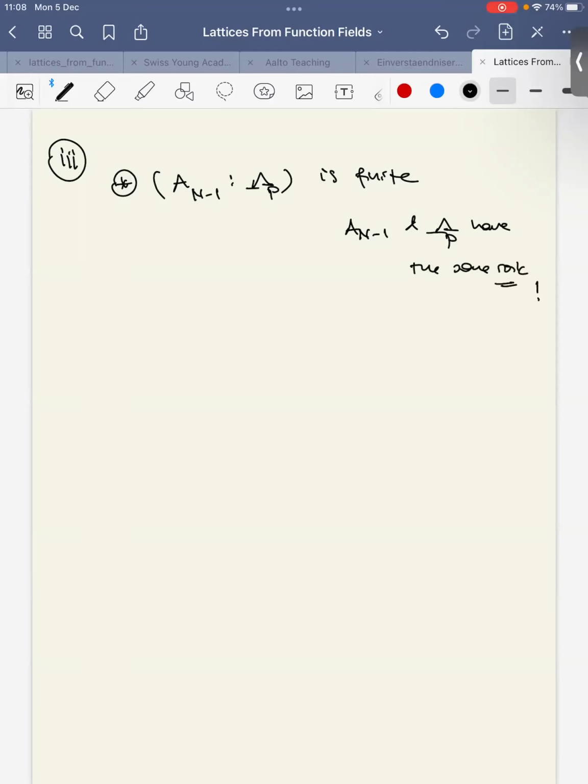And now we will define two sublattices of A_{n-1} and Z^n. Let me denote them by B and C. They are again integer lattices, so the coordinates are integers.